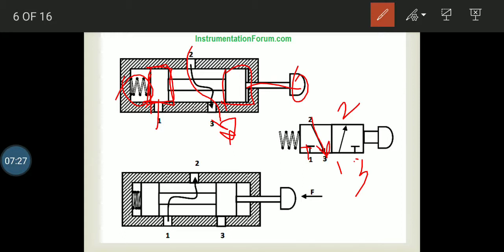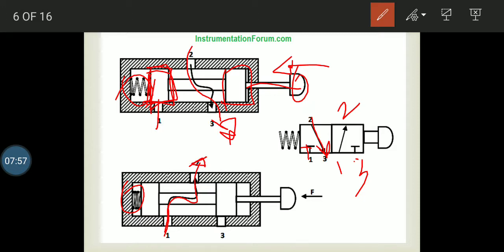Then when the push button has been pressed, because force is applied on the piston, the spring gets compressed, allowing the piston, which is on port number 1, to move forward, and then the port number 1 gets opened, allowing the fluid to move from port 1 to 2.